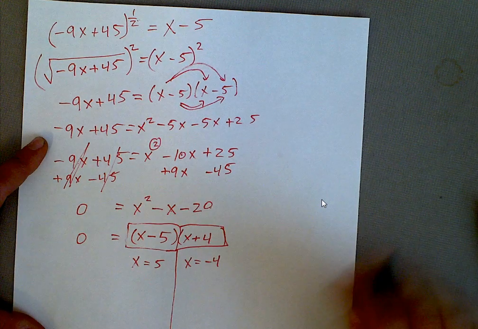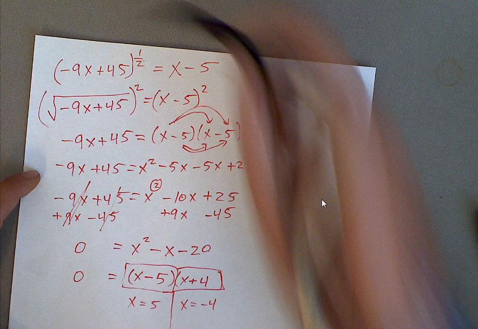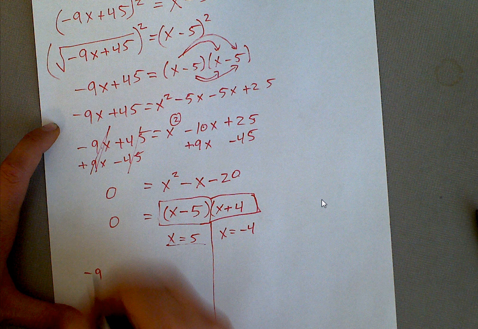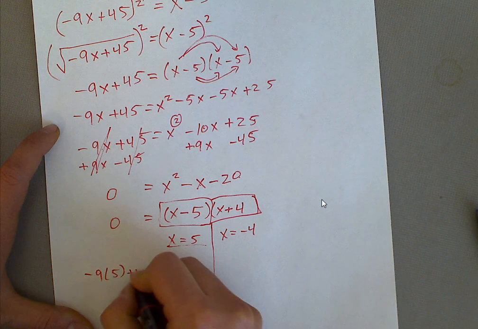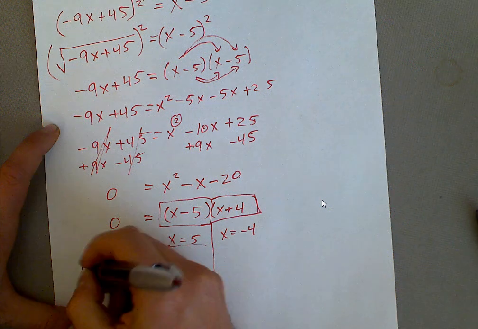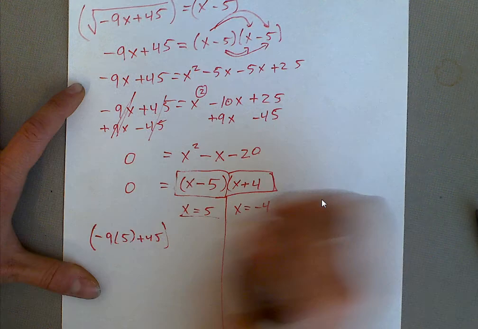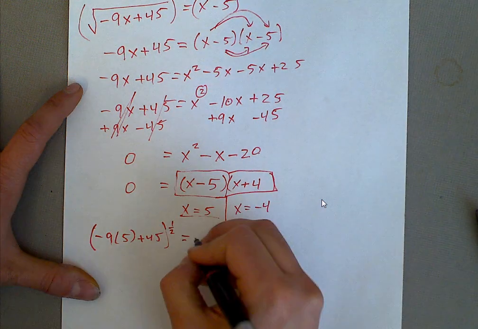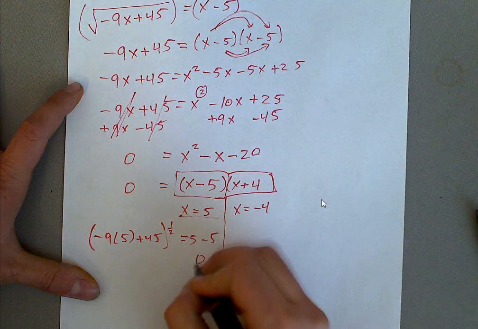So let's check both of these numbers by plugging the x back into our original equation. We'll take negative 9 times 5 plus 45. And remember, in the original problem it was raised to the 1/2. On the other side we have 5 minus 5, which of course is 0.